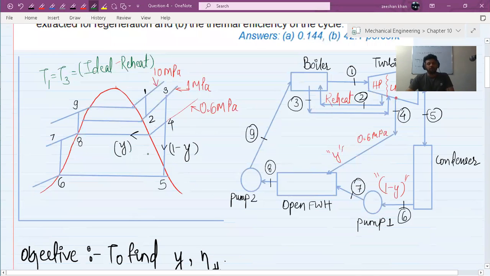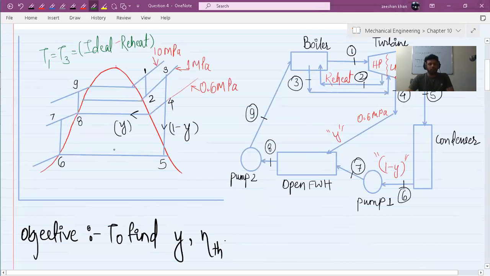Okay, and the other thing to pay attention to is that we need to apply heat balance in this open feed water heater. Heat balance must be applied between y amount of superheated steam entering it and 1 minus y amount of saturated liquid entering it.